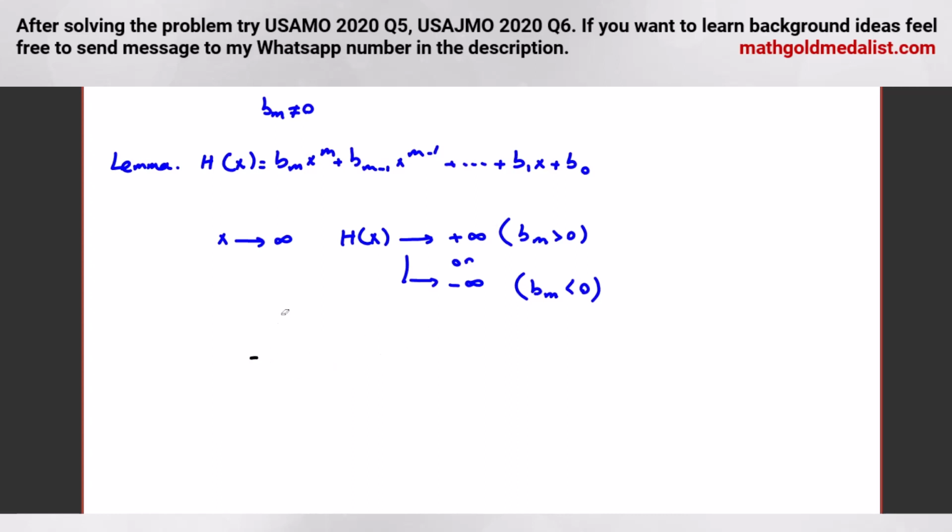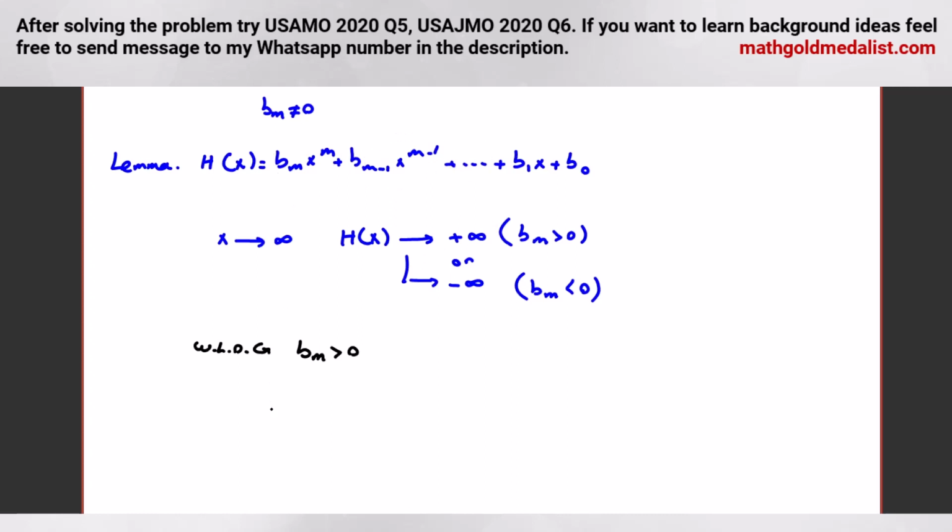So it goes to infinity, so this one also goes to infinity, right? Let me tell you how. Do you agree that without loss of generality we can consider bm is positive? Now, I want this part to be so much greater than this, so much greater than this, right? I want to see how large x should be.